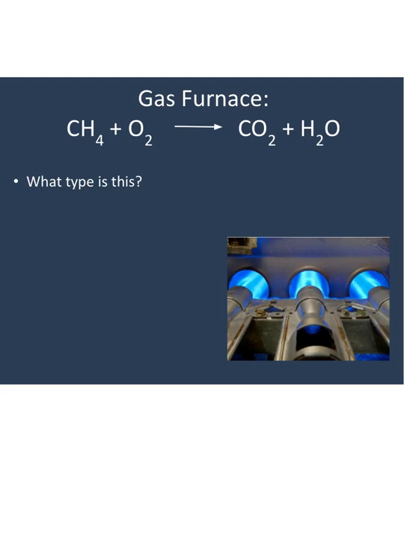I have a fuel, something with C's and H's. I'm adding oxygen to it, and the only thing I'm making is carbon dioxide and water. Write this reaction as your example of a complete combustion.